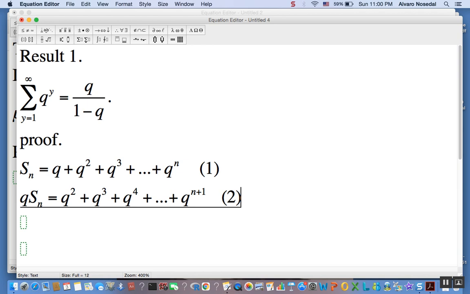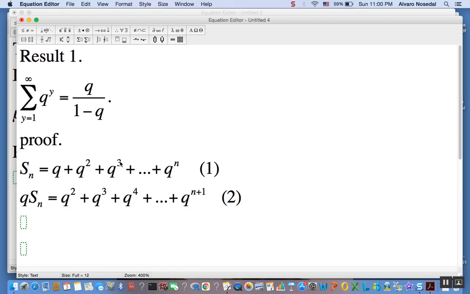Now notice that if we compute the difference between Sn and q times Sn, so Sn minus q times Sn, we would have q plus q squared, but then this would be a negative q squared, so these would cancel out.